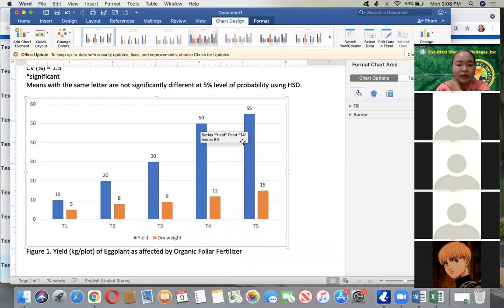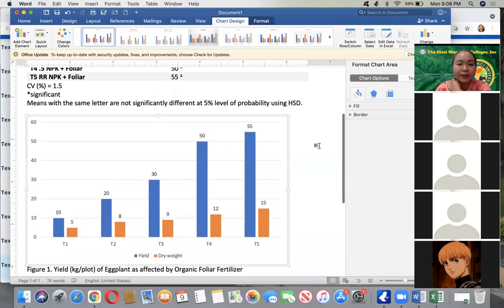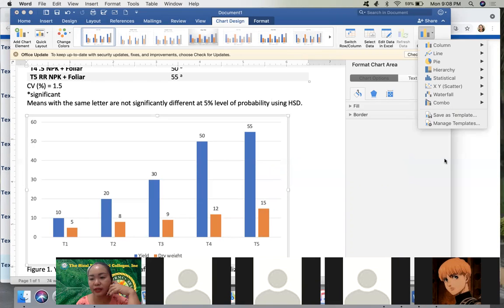Going back, if you don't want the bar chart, you just change the chart type, and you have a lot of options in here.